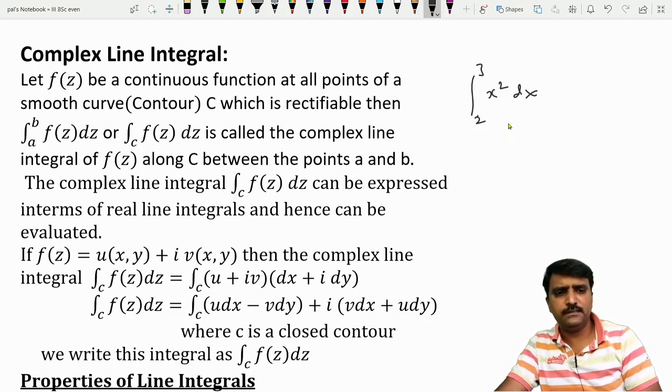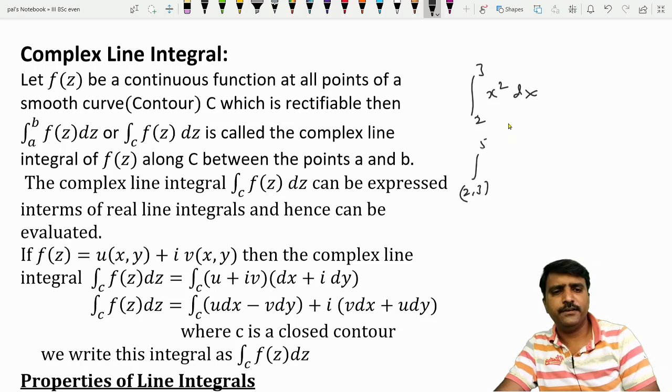But in the case of complex numbers, these limits should be complex numbers, like 2 comma 3, or 2 plus 3i, and 5 comma 8, and the function is in terms of z square dz.